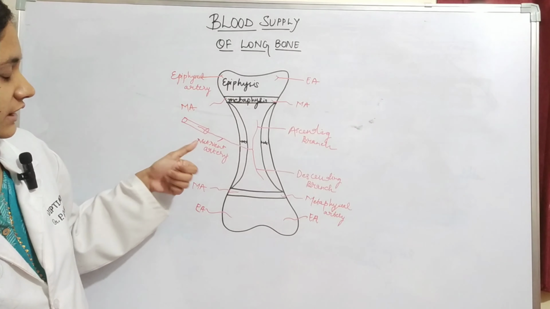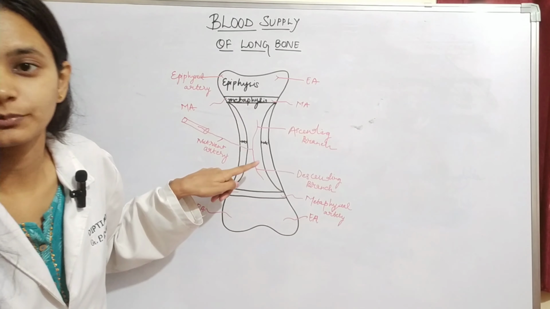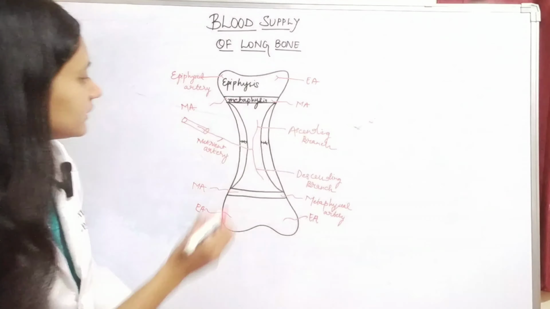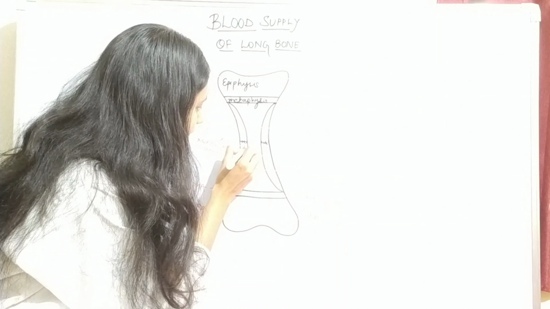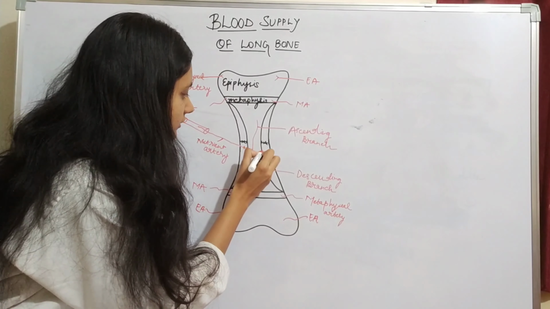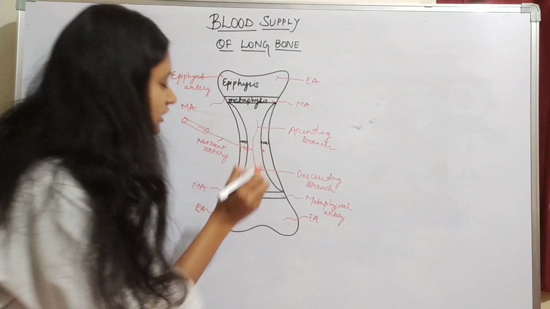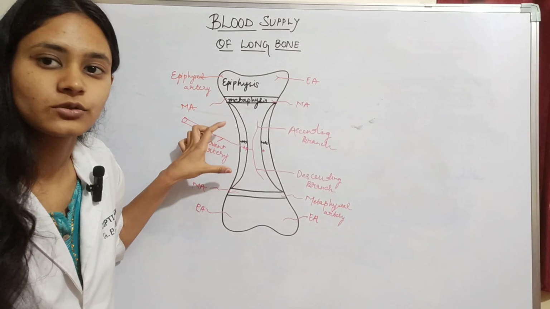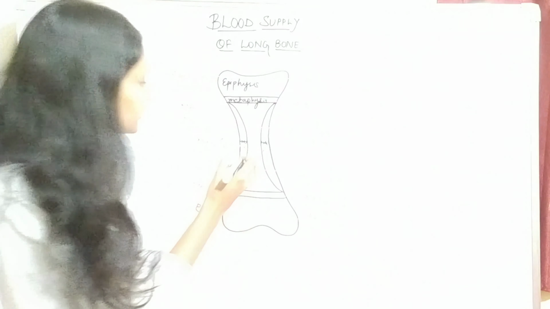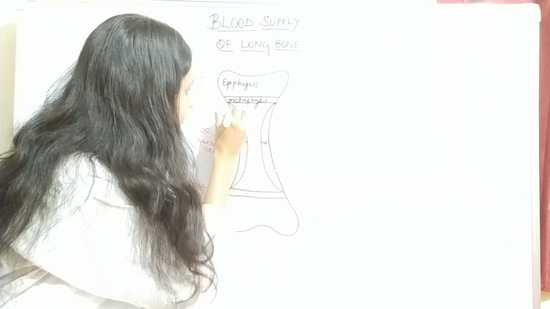So the nutrient artery will supply your medullary cavity region and your inner 2/3 of the cortex region. Here, this is the cortex region. We studied in the previous lecture that this is the cortex region, which also forms compact bone.